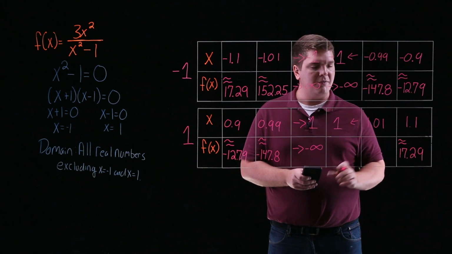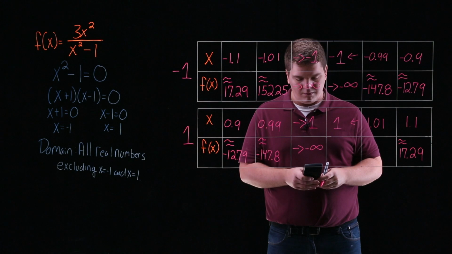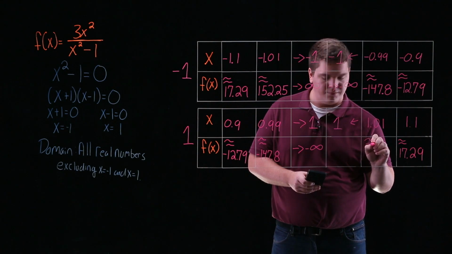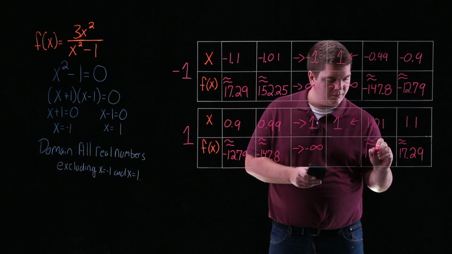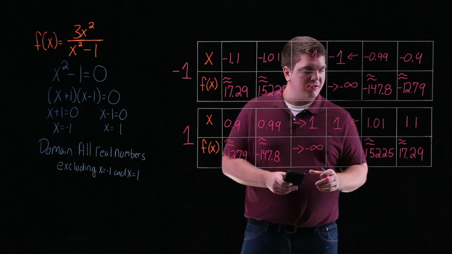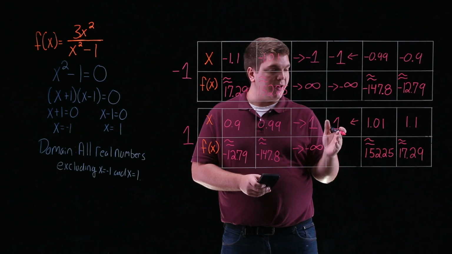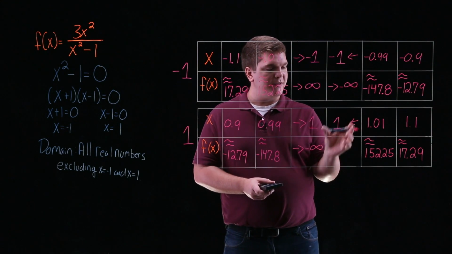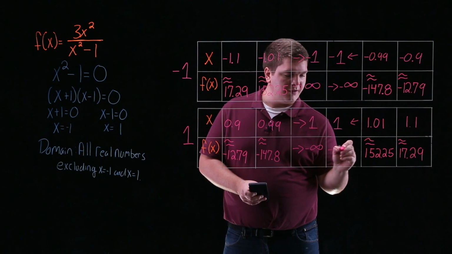And we'll evaluate our function at 1.01, and we see that our function value is approximately 152.25. So as x approaches 1 from the right, our function values keep increasing without bound. As x approaches 1 from the right, our function value approaches infinity.